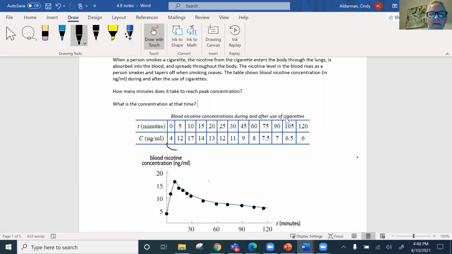If you smoke a cigarette, it's going to take you about 10 minutes at the most. So this is when you are actively smoking, starting from zero.